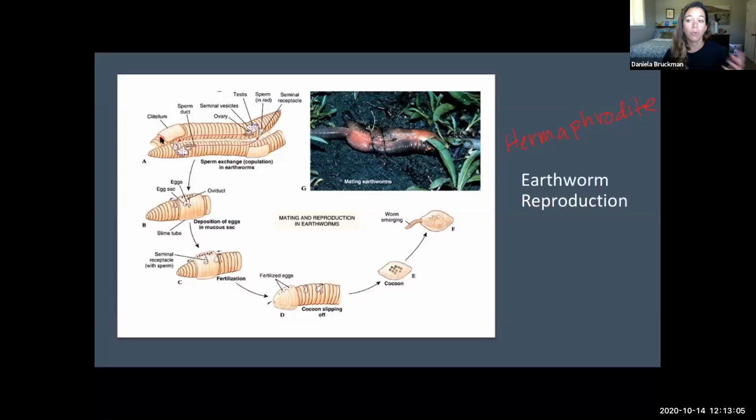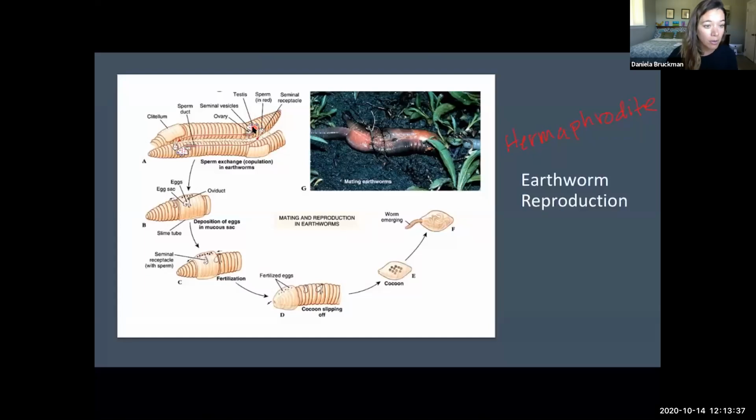When earthworms reproduce, they line up in opposite directions and glue themselves to each other, lining up their clitella. Notice that we've got two earthworms here. This earthworm on the top, you can see that it's got testes that are producing sperm.